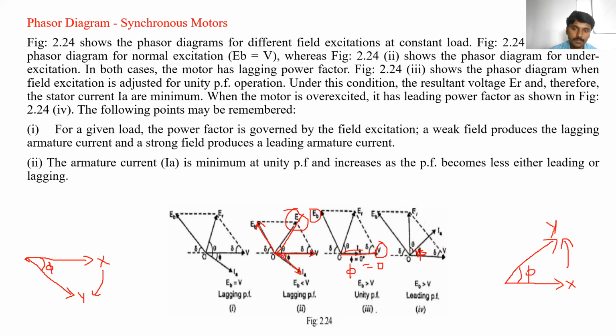If the armature current leads the voltage, our resultant voltage is exactly 90 degrees ahead of the excitation voltage. The resultant voltage leads the excitation voltage by exactly 90 degrees.